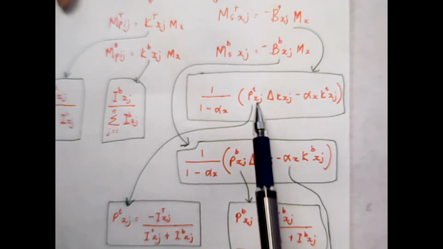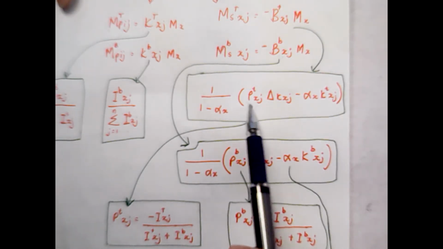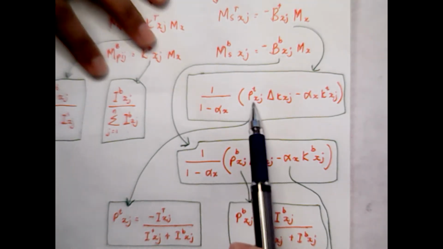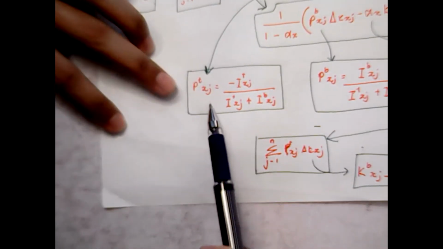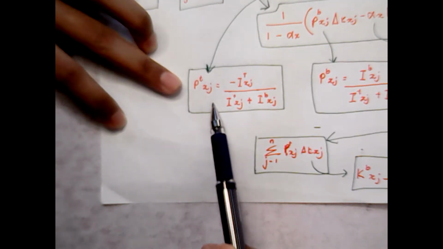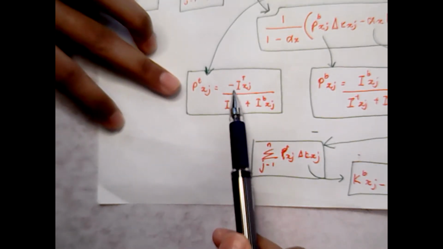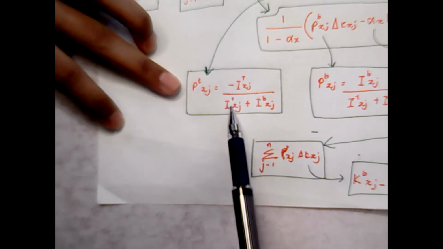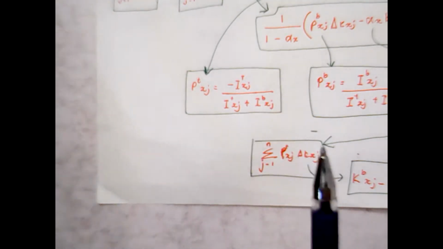So now let us first calculate for this value, which is ptxj. And ptxj is the coefficient that is calculated by the distribution of the wall at top divided by the summations of top and bottom.